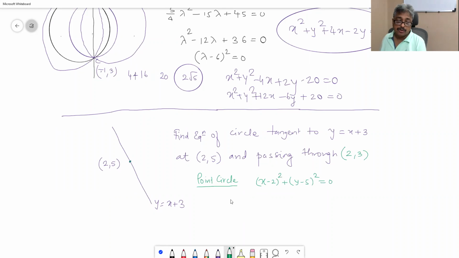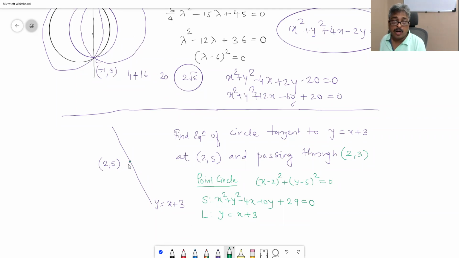So, in expanded form, the equation of the circle will be x square plus y square minus 4x minus 10y plus 4 plus 25. This is my S. What is my L? y is equal to x plus 3 is my L.